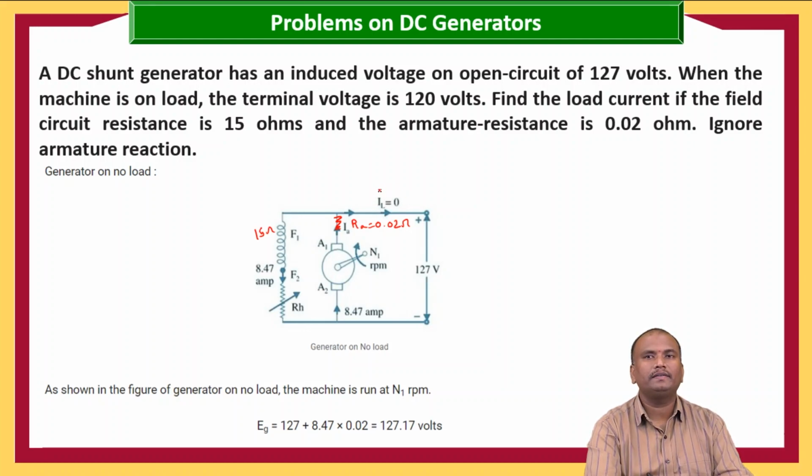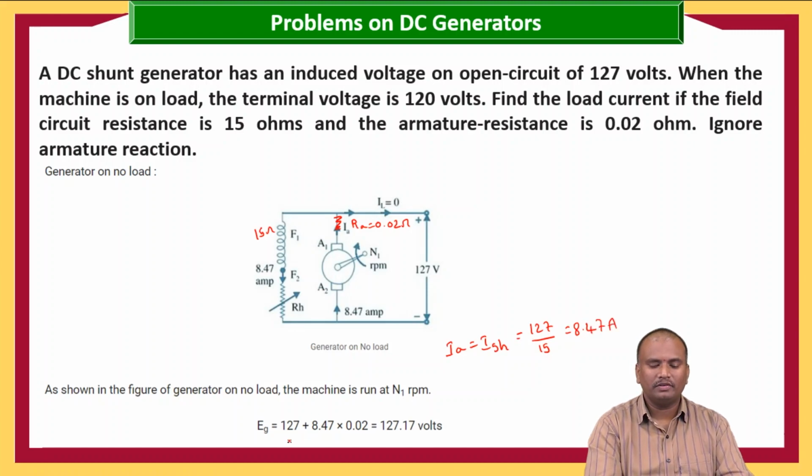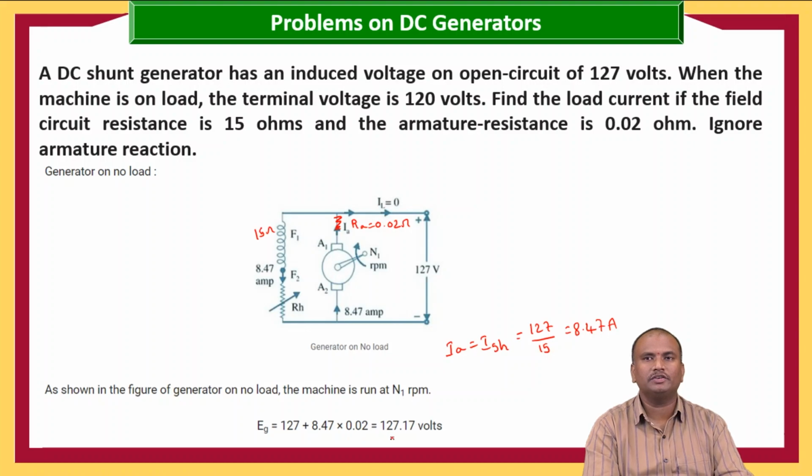Here when the load current is 0, Ia is equal to ISH. So that is equal to 127 by 15, which is equal to 8.47 amperes. So EG is 127 plus 8.47 into 0.02, which is equal to 127.17 volts.